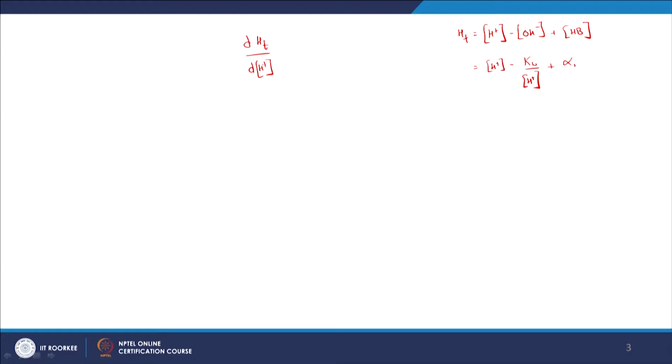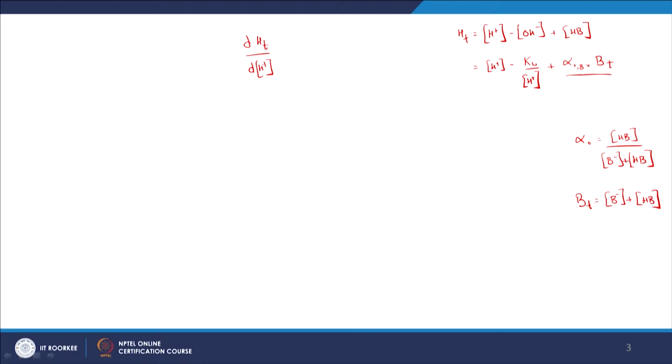So alpha naught of B into B total. Again, we know that alpha naught gives us an idea about the protonated form by the total acid, that is, the deprotonated form plus the protonated form, right? So that's what we are using here. And we know that B total is going to be equal to HB plus B minus, and that's how we end up here.